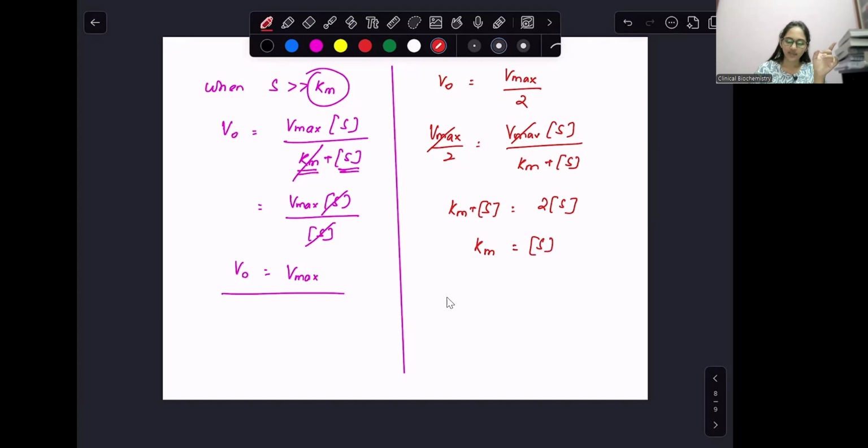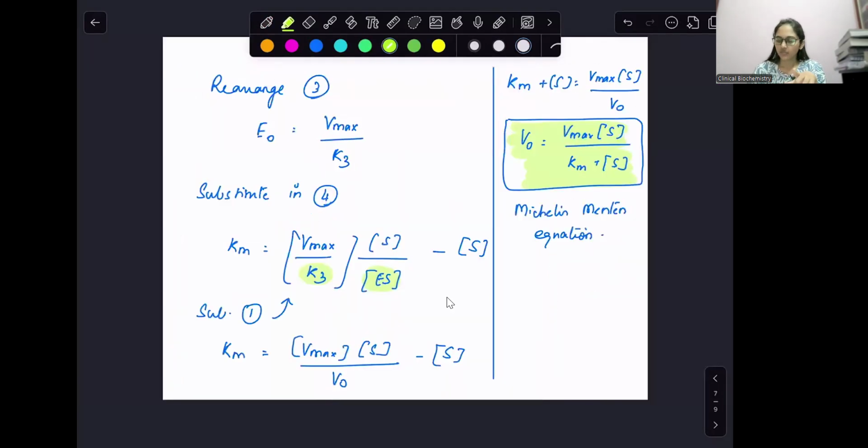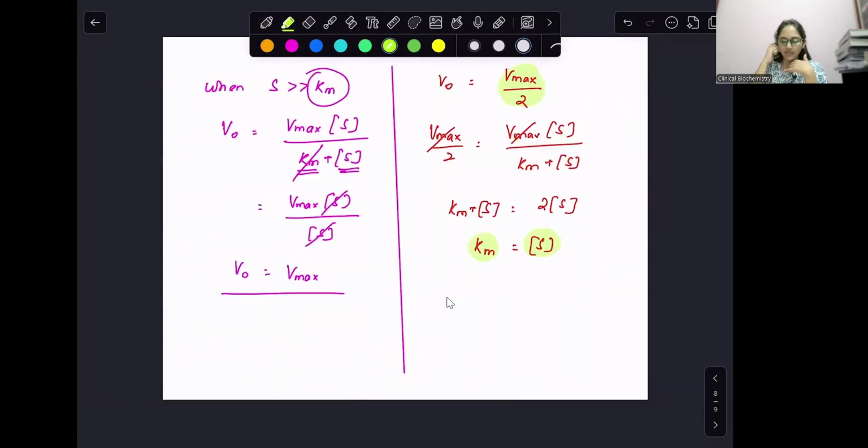Okay, so what is Km here? Km is the substrate concentration at half maximal velocity. Now do you understand what Km is? Km is the substrate concentration at half maximal velocity. So these are the two scenarios that you need to understand, and you have to apply them in the Michaelis-Menten equation to understand what Vmax and Km are.